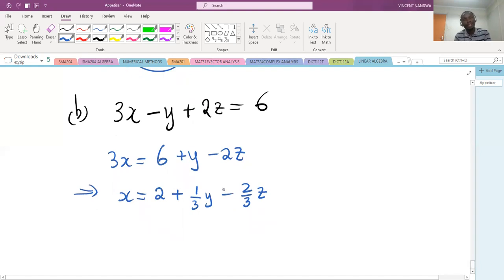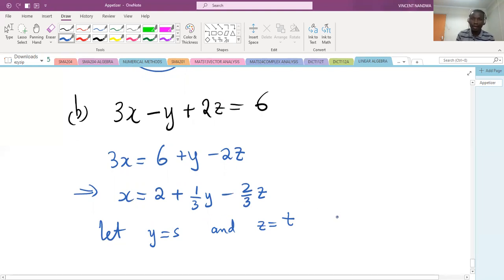And now because the right hand side has 2 variables, you'll have to fix them to be different parameters. So you can say let y be s and z be t. So remember, what you are taking to be parameters should be different letters from what is given in the question, so that you don't mix the variables given and the parameters.